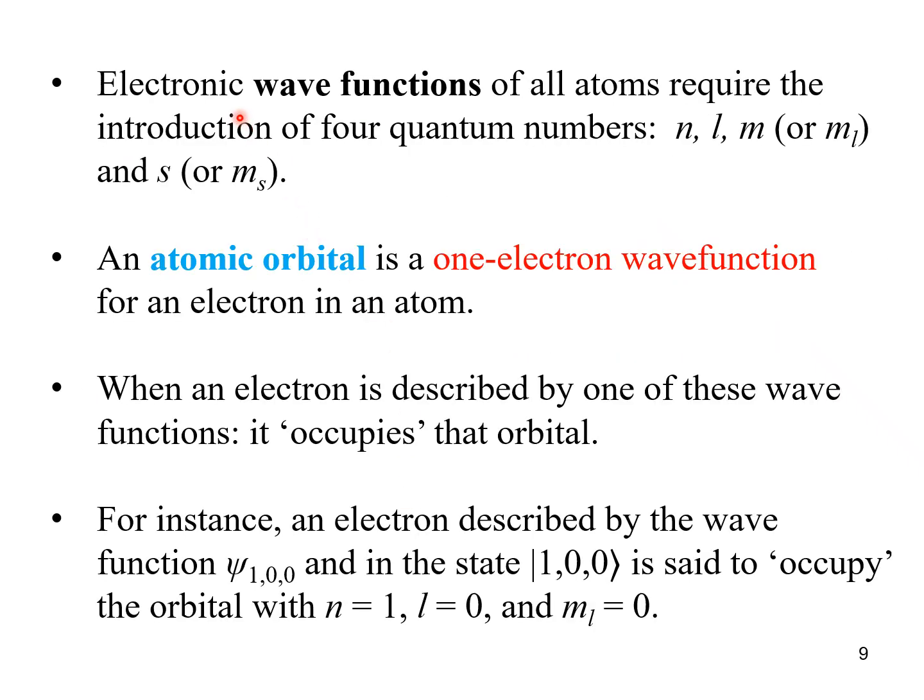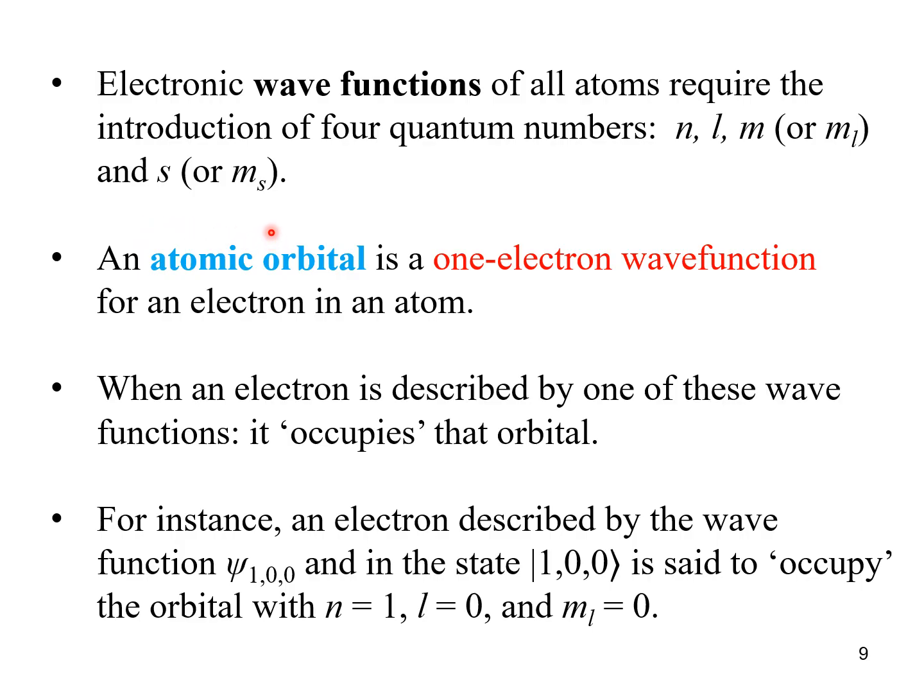To completely specify the electronic wave functions of all atoms, we require the introduction of four quantum numbers: n, l, m or ml, and s or ms.